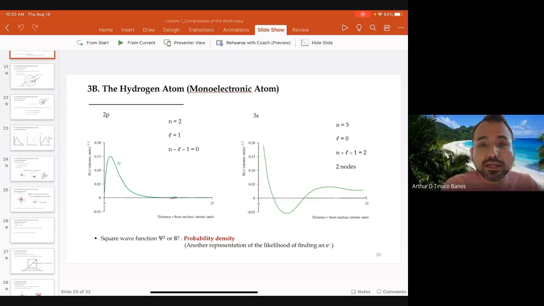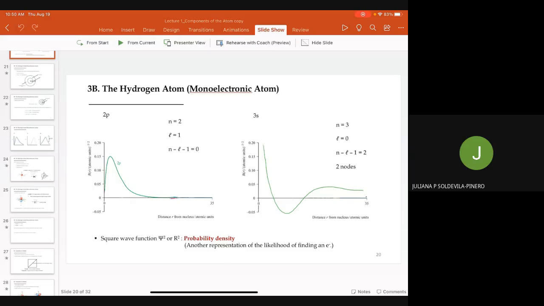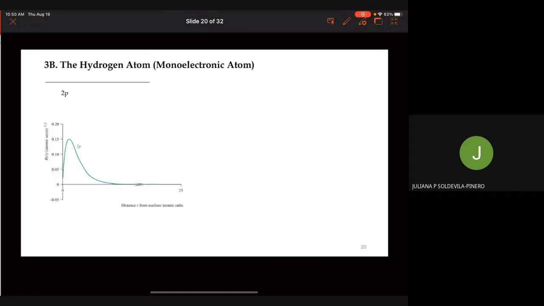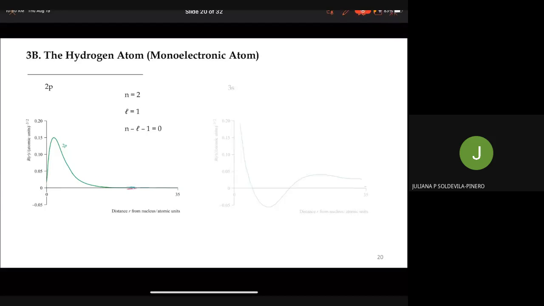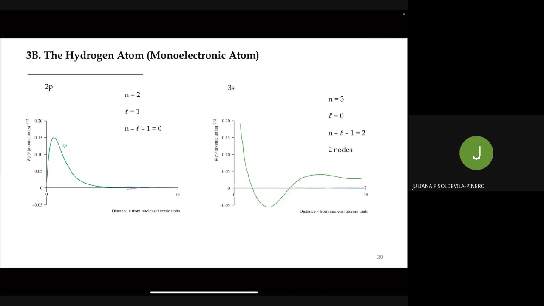Exactly, but it's at a distance from the nucleus, not the origin. A radial node doesn't mean a distance from the nucleus. I thought if it had 2 nodes, it would be like 2 waves, but it's 2 points that go below 0, right?